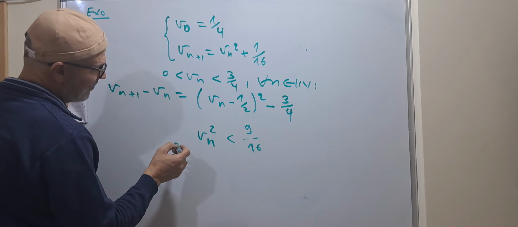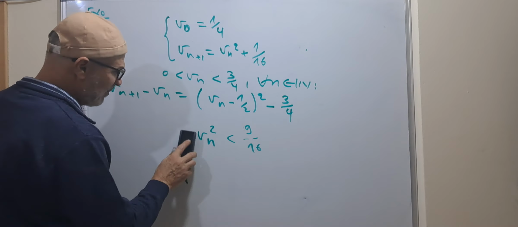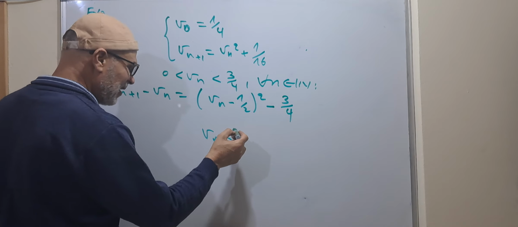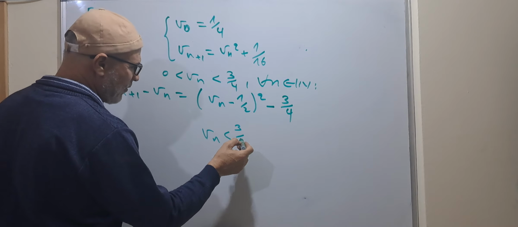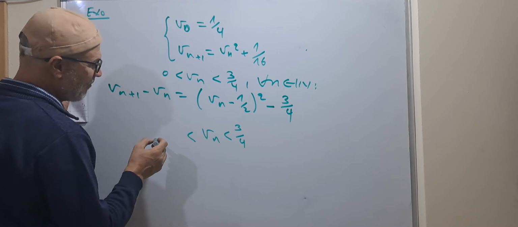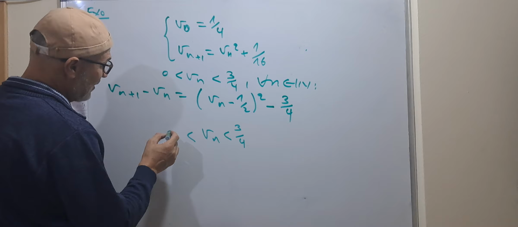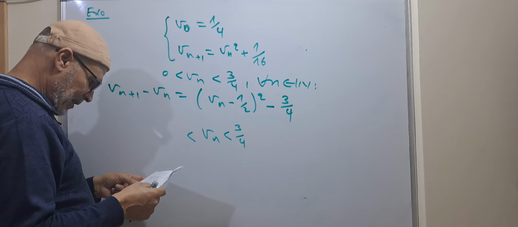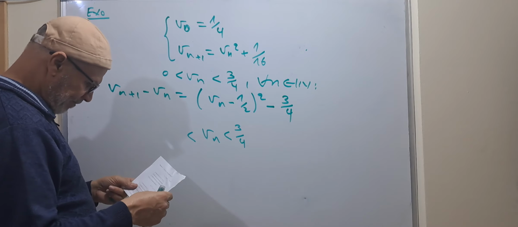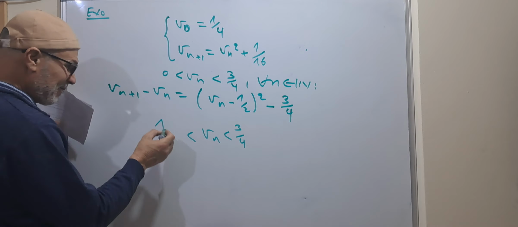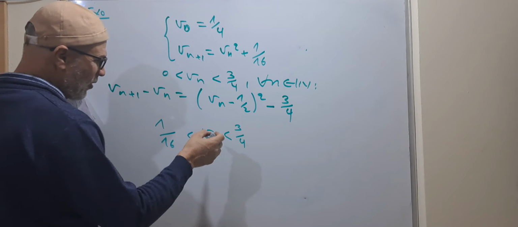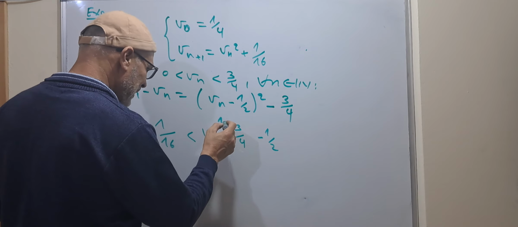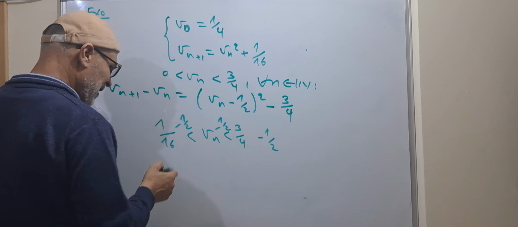And now Vn is less than 3 over 4 and greater than 1 over 16. We take off 1 half from each side.